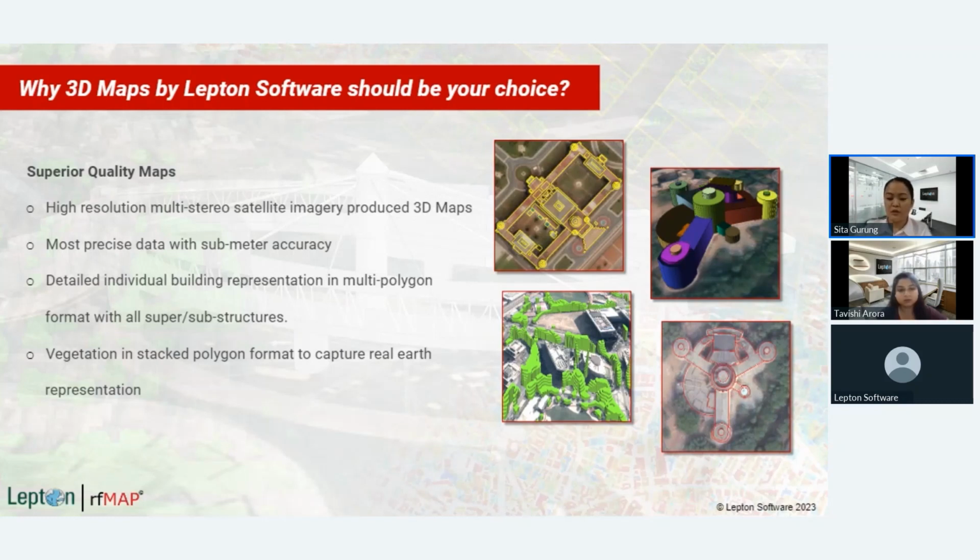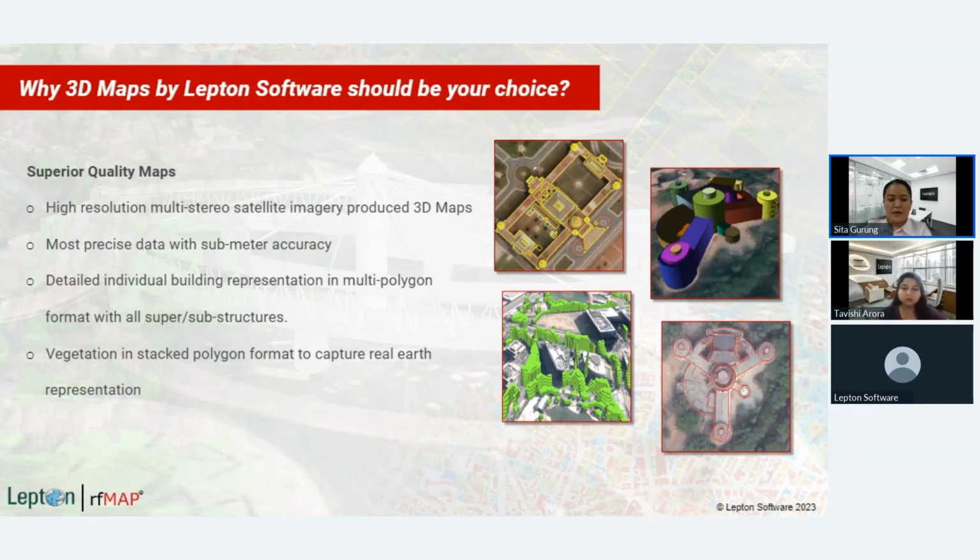That's what every map company is using. But for us, we are going with multiple stereo satellite imagery, a collection of different stereo satellite imagery. And that's why the level of accuracy that we can achieve is below 1 meter. And that's why we love to call our data set a sub-meter accurate data set. Okay? Most precise data with sub-meter accuracy.